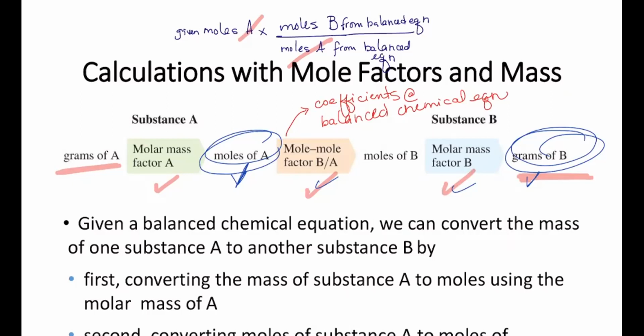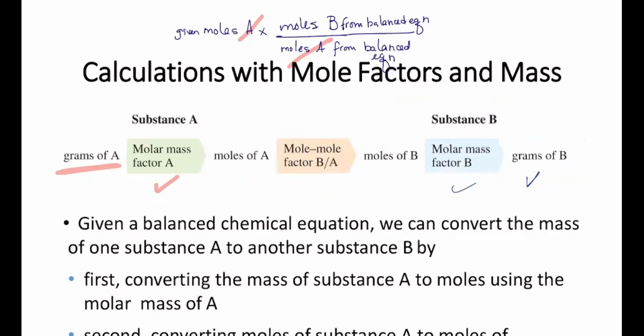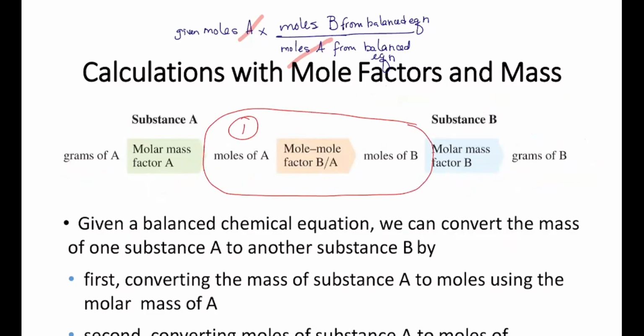So when we have calculations and we are given a chemical reaction, this is the flow chart that we use. There are going to be 3 different calculations that you need to be familiar with. Let me just erase all of these. Calculation number 1: when we are given the moles of something in my chemical reaction, and I need to find moles of another substance in my chemical reaction, how do I solve that?